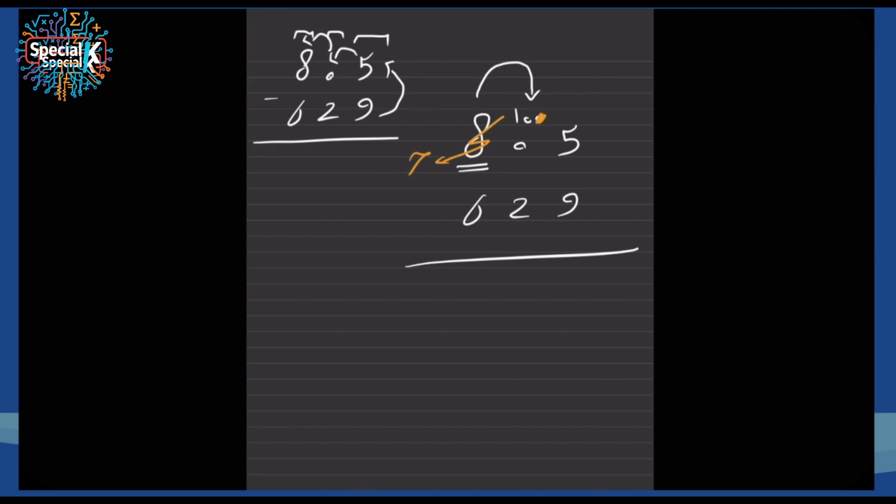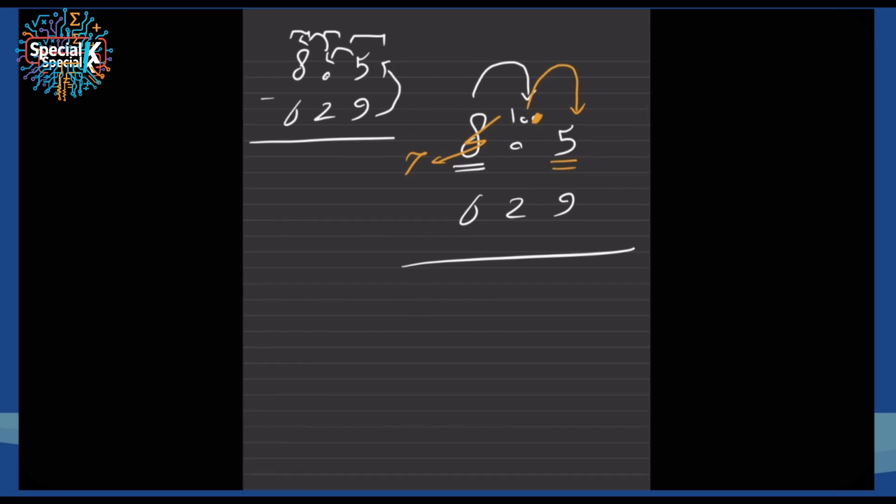Is that good? So right now, I do have 10 in the tens. But again, I know 5 needs something, so I'm going to borrow one out of this 10 and give it to 5. So two things would happen: 5 would be converted to 15, and 10 is going to be converted to 9.